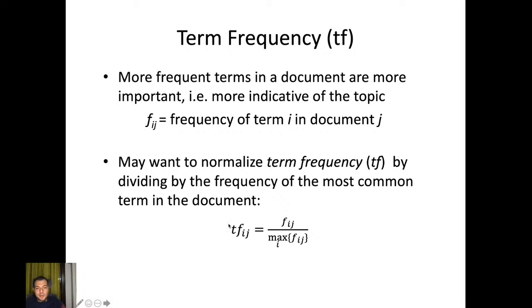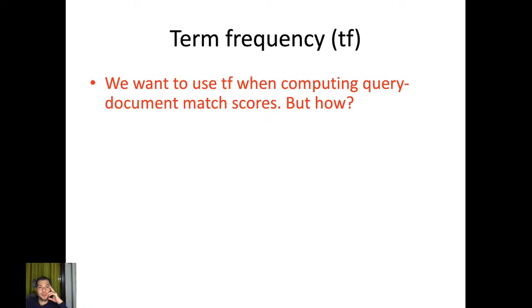This is known as the term frequency of a term in a document, a value between 0 and 1. The word with the maximum frequency, or several words that have the same frequency equal to the maximum, will have frequency 1, and all other words will have a frequency between 0 and 1.